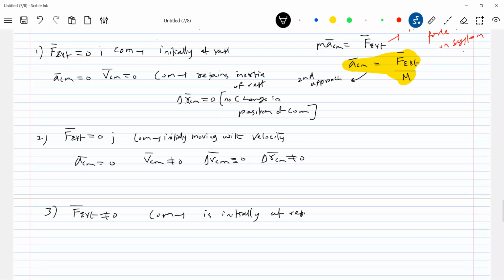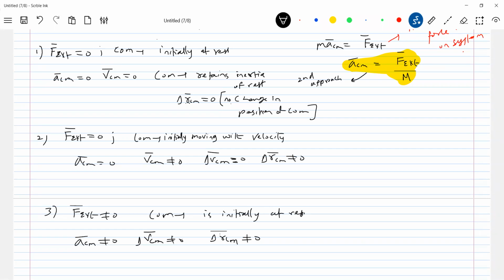Now if net external force is non-zero and the center of mass is initially at rest, what should happen to the acceleration of center of mass? Non-zero. Velocity of center of mass non-zero. Delta VCM, better you write, the velocity starts increasing or varying, then the position of center of mass is going to change.